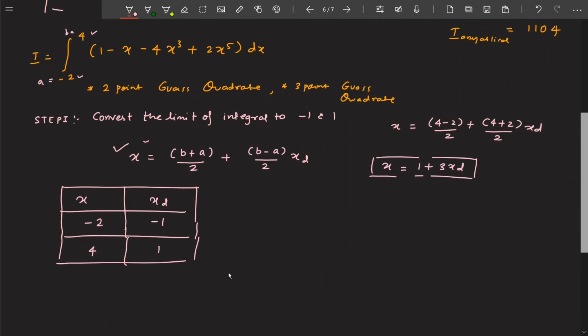So basically what I have done is I have converted the integral to the limits of -1 to 1. If you are going to replace x in terms of xt, you also have to replace dx. If you differentiate this equation, this comes out to be 3 into dxt.